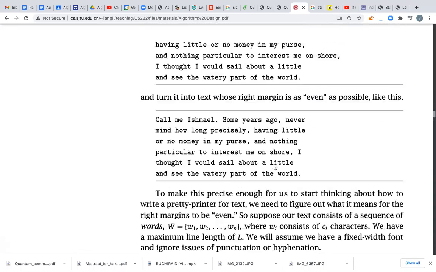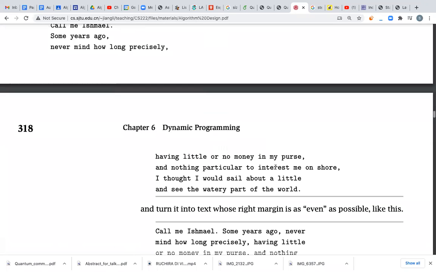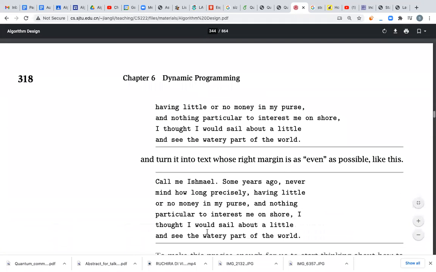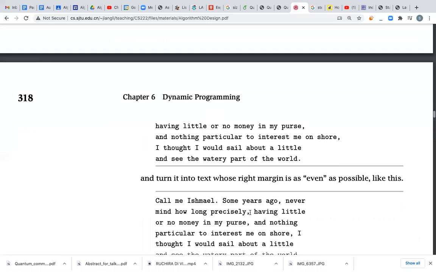So you will be given this text and you have to write it up in this way, as even as possible.